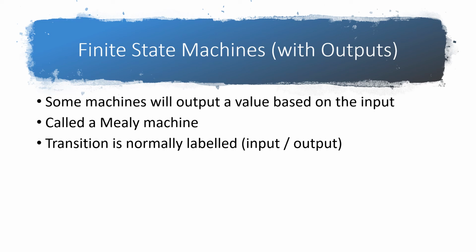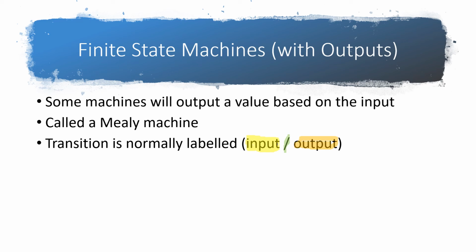And the only difference is every transition is labeled differently. What it has is you'll see on the transition, first of all, what the input is for that transition, and then after some sort of clear divider, it will then actually have the output that transition generates.